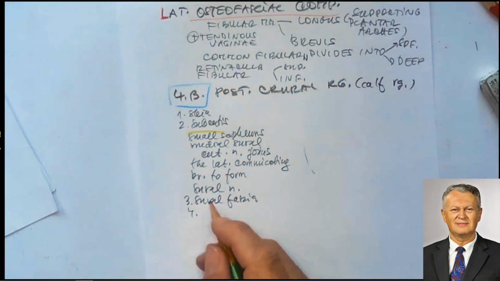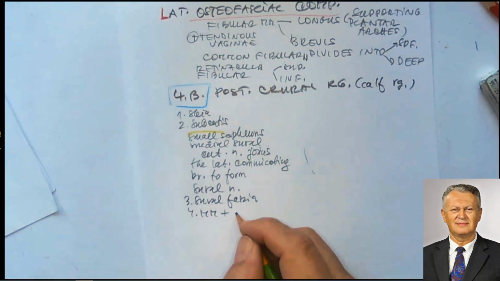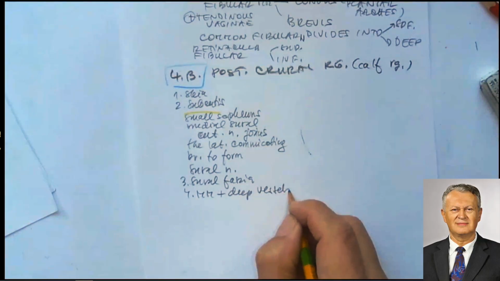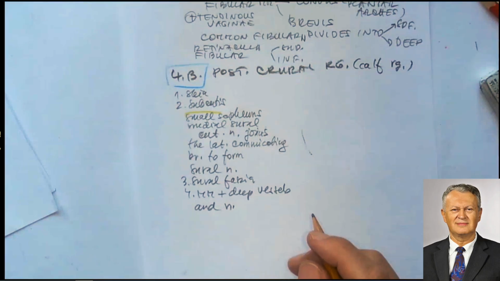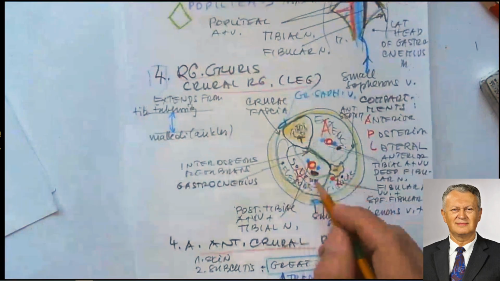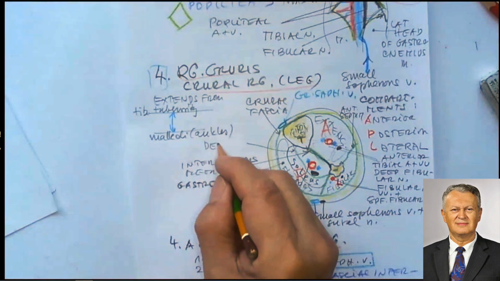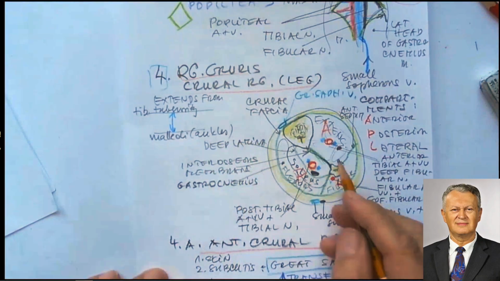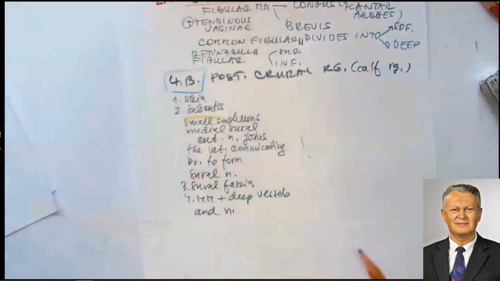And then number 4 are the muscles plus deep vessels and nerves, which we have drawn in the diagram. And here we have mentioned also the deep lamina of this fascia, which separates the deep muscles from the superficial ones.